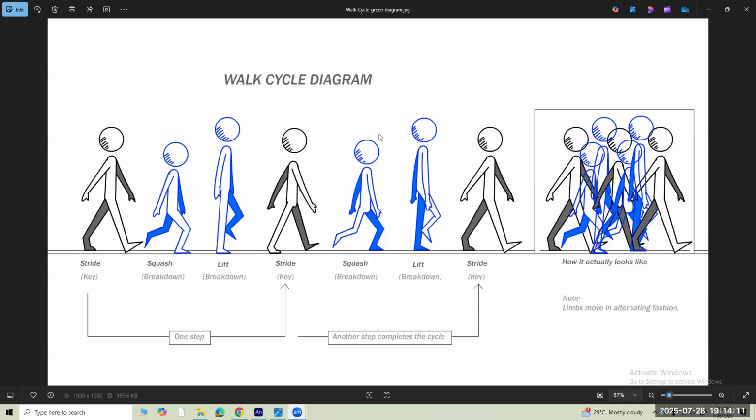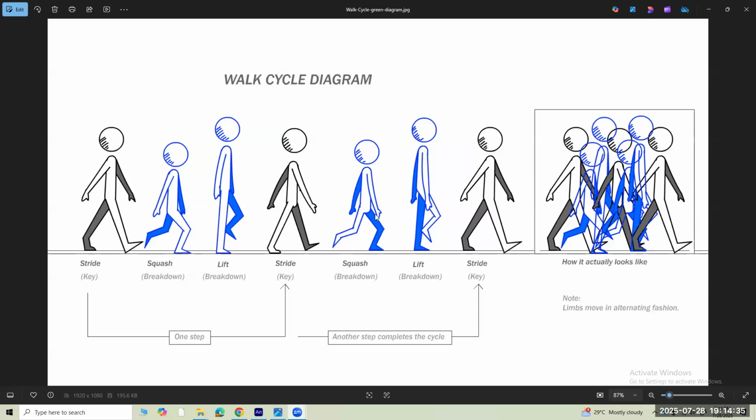Now, they are almost identical except that the position of the limbs is different. Okay. In this first squash, the right leg for this instance is bent forward. And at the other squash, the left leg is bent forward. Okay.